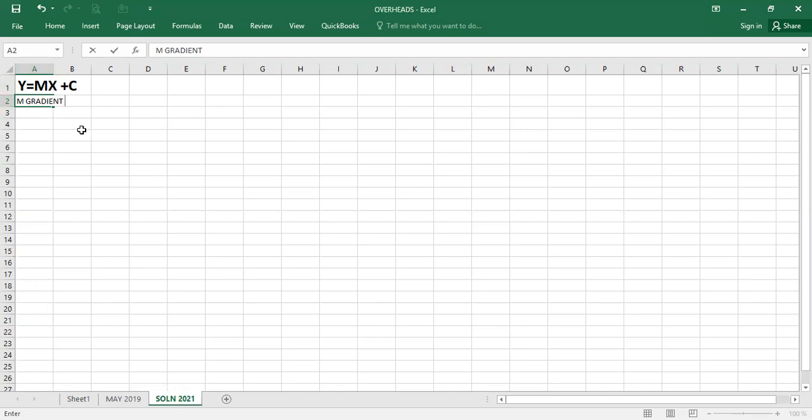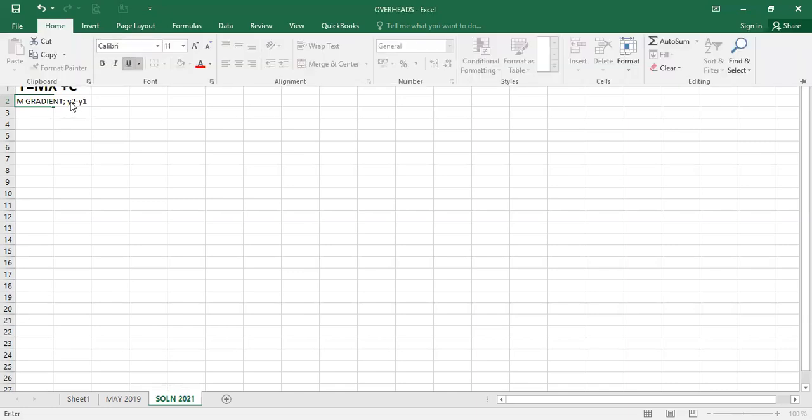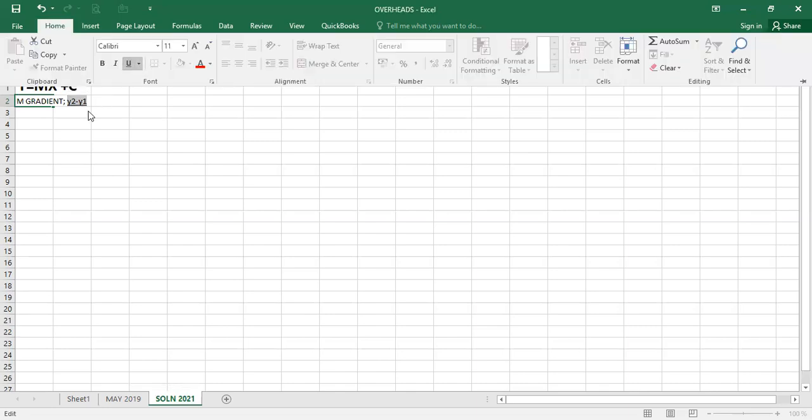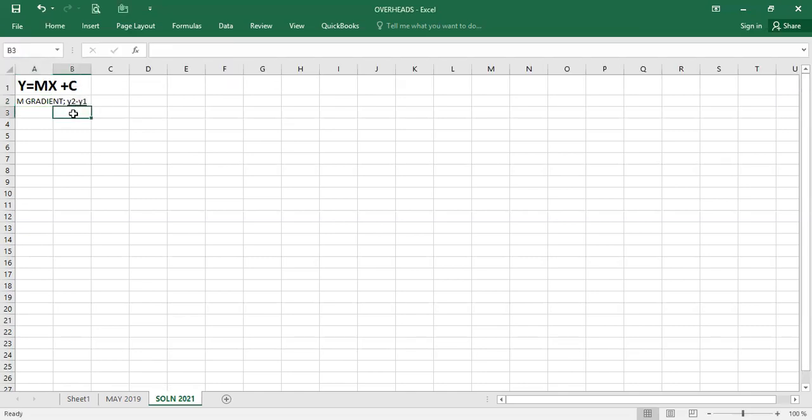So you know from mathematics that when you're finding the gradient, we get it by taking y2 minus y1, everything over x2 minus x1.